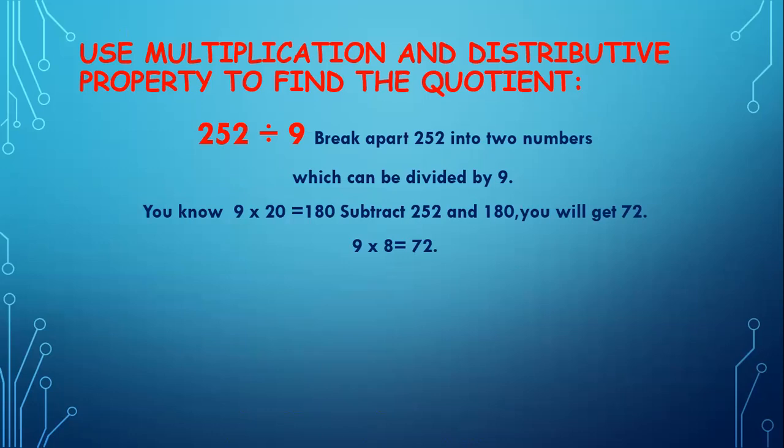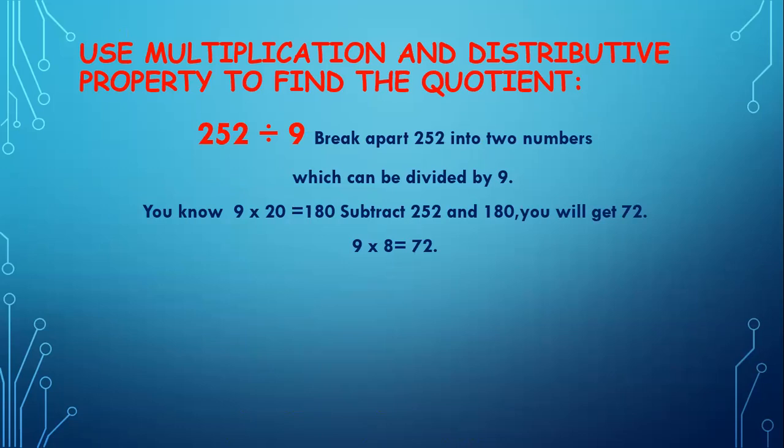Now, this is the type of question you will get. Use multiplication and distributive property to find the quotient. So the dividend is 252 and the divisor is 9. So you have to break apart 252 into two numbers which can be divided by 9. You know that 9 times 20 equals 180.